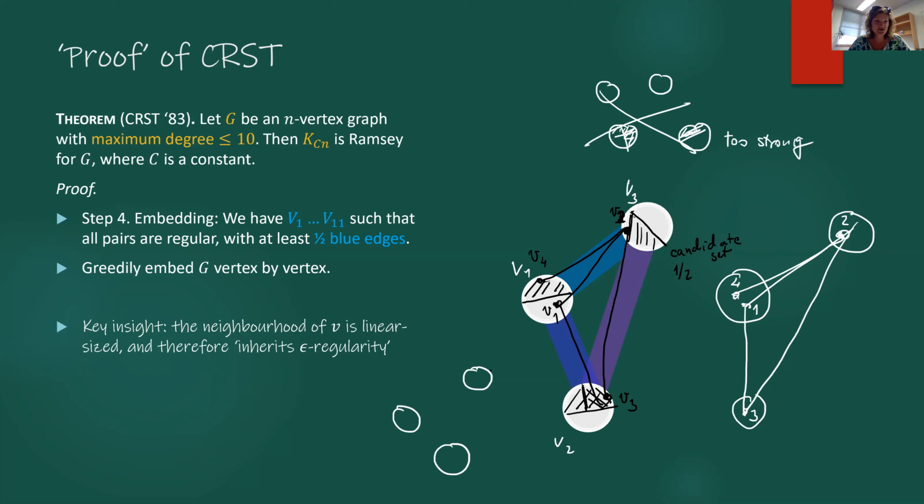The argument really uses regularity. The argument uses the fact that we have this candidate set for V3, for V2, sorry. So this is the candidate set for V2, and this is the neighborhood of V1. So this is the candidate set for V3. And you're using a regularity between those two subsets.